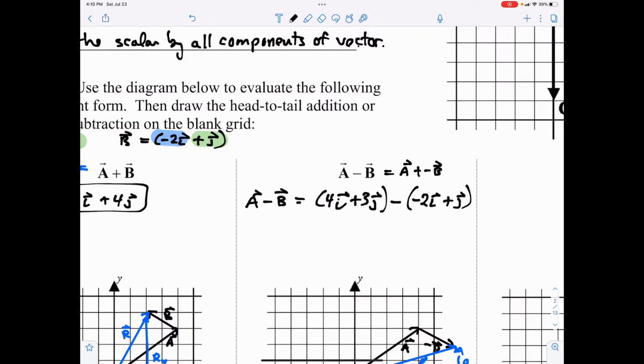Okay, add the like components. And we have 4 minus negative 2 would be 6 in the x direction.